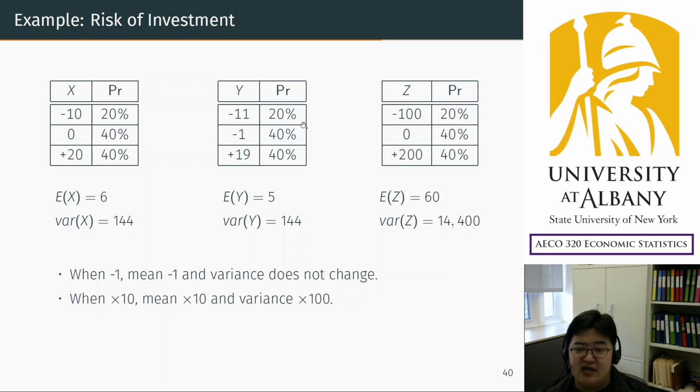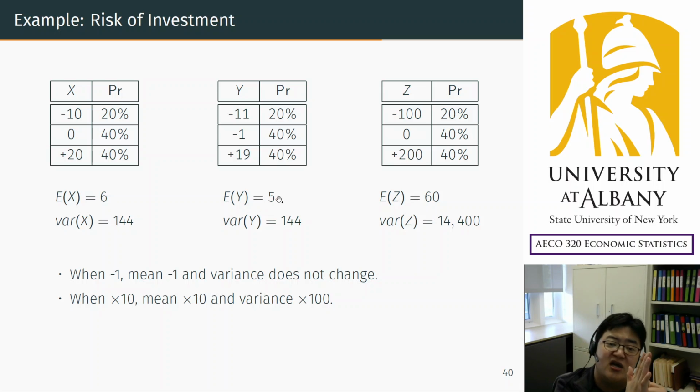So in each example, we calculated the mean and the variance. When you compare the first and the second, the variance is the same. Minus 1 does not affect the variance. I explained why. Everything moves in parallel, so the distance does not change. So the distance is here, and if they move together, the distance does not change. So the variance is not affected.